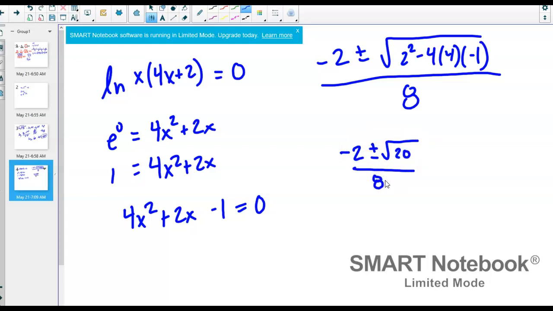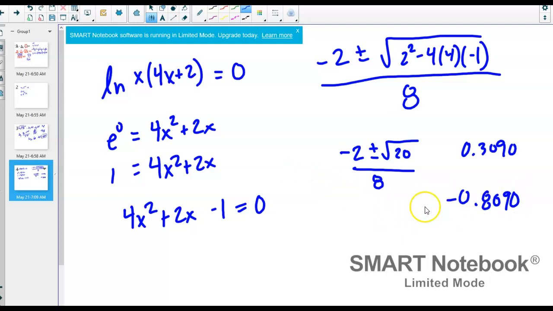And so we would use our calculator on that, negative 2 plus the square root of 20 divided by 8, and then that one of those would give me 0.3090, and then negative 2 minus the square root of 20 divided by 8, which gives me negative 0.8090.